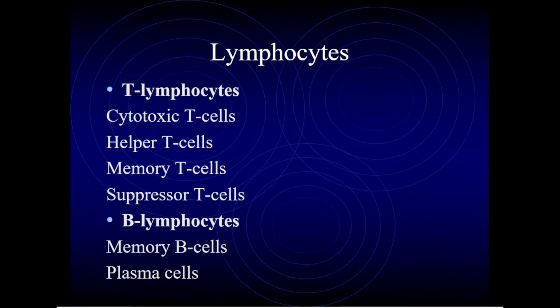As you know, there are two types of lymphocytes, so-called T lymphocytes and B lymphocytes. T lymphocytes are involved in cell-mediated immunity and are subdivided into these subtypes: cytotoxic T cells, helper T cells, memory T cells, and suppressor T cells. And B lymphocytes are involved in humoral mediated immunity.